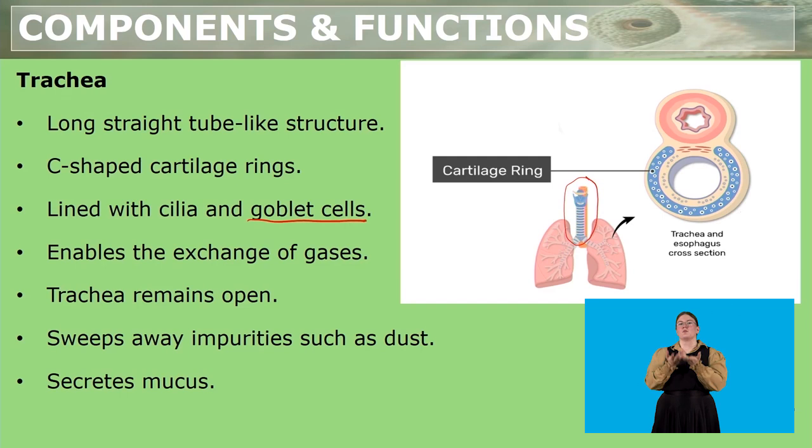Next to it, we have a cross-section of the trachea. Here we see that the trachea has C-shaped cartilage rings. This is to allow flexibility and movement of the neck, and also to allow the esophagus to fit in behind the trachea.